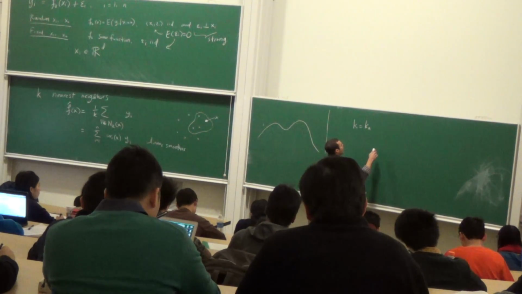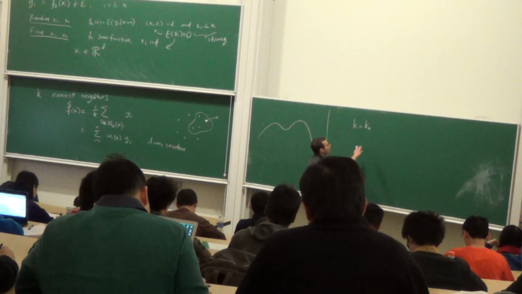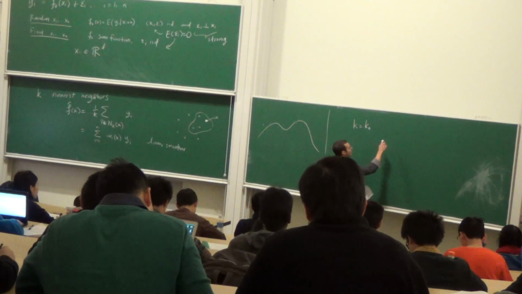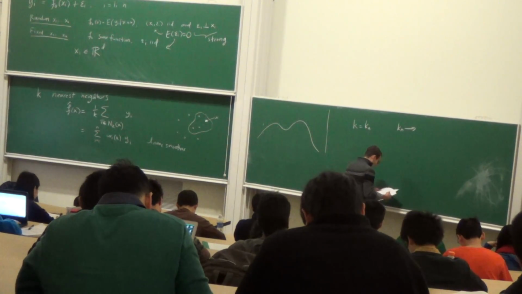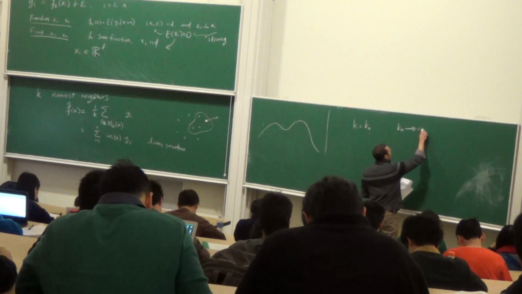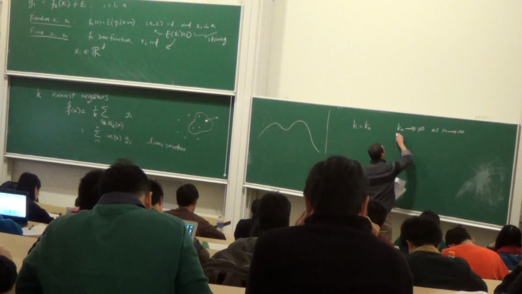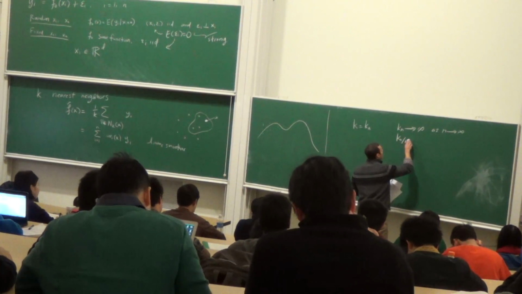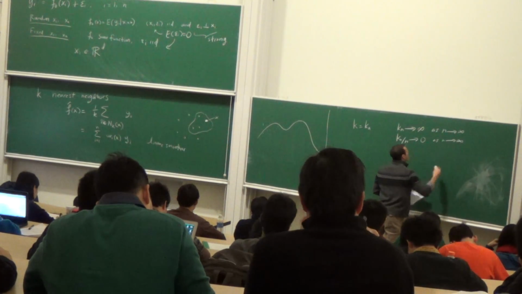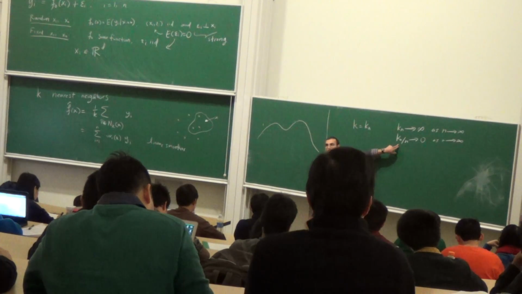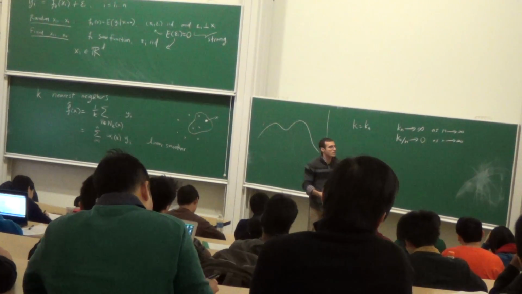But if I take k to be a sequence of choices of neighborhood sizes k_n that satisfies the following properties, it goes to infinity as n goes to infinity, but k_n over n goes to 0 as n goes to infinity. So it goes to infinity, but not as fast as n. So for example, I can take k_n equals root n. That's a perfectly fine choice.